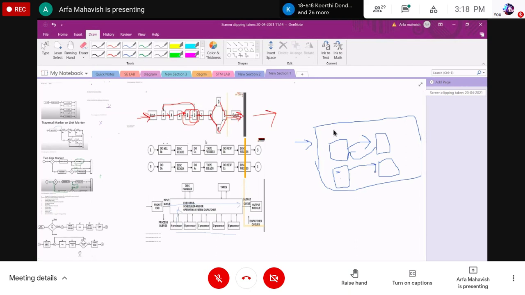Otherwise, it will send you a message that it is an invalid amount. If you want to check the balance, you send the request to the bank to check the balance. It will be displayed that this amount is available in your account. So this is the procedure that will be followed.